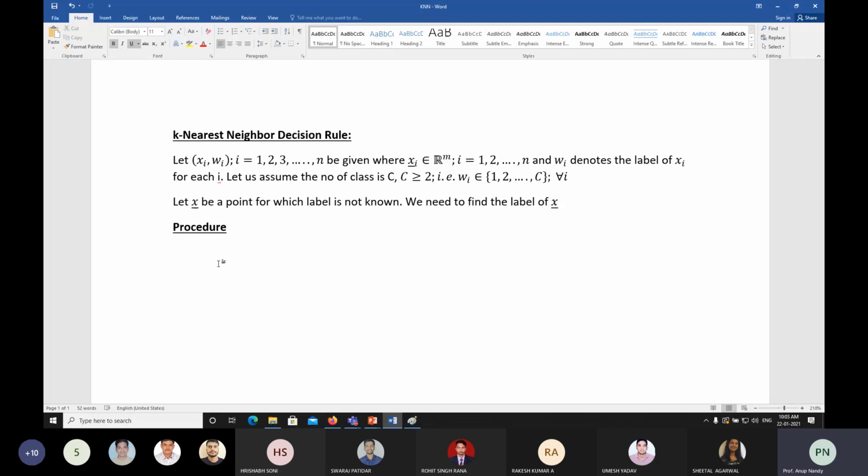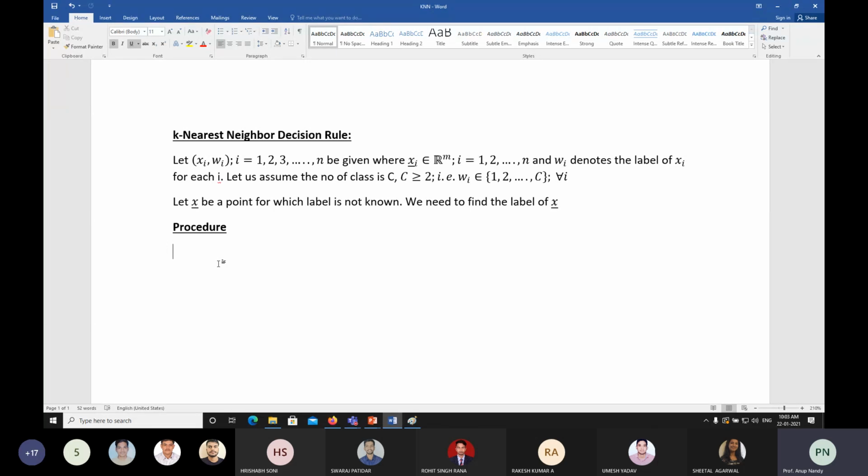Yes, sir. Okay. So today we will discuss one of the important supervised classification techniques, that is called the k nearest neighbor decision rule, or simply KNN.